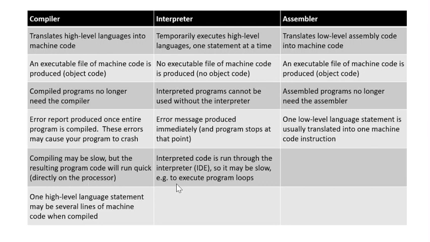While sa interpreted, code is run through the interpreter, or if you are familiar dun sa IDE. IDE stands for Integrated Development Environment. So these are used for building applications that combine common developer tools into a single graphical user interface. And so mostly ginagamit yung IDE sa Java, right? So again, in terms of speed, mabagal yung compiler, pero sa second time around, nag-run siya ulit, mas mabilis na.